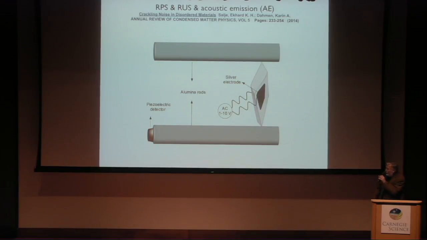So you can do that also in a way by what we call RPS. So we take a crystal, we put some electric contacts on there and a very small voltage. So we are not switching anything. But if this material is now piezoelectric and you go through a certain frequency range where you're in the resonance condition, they will emit acoustic noise.